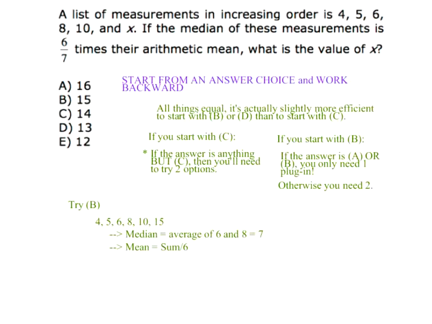The sum of those, 4 plus 6 is 10, plus 5 is 15, 23, 33, 48. So it's 48 over 6. So 8. Now notice that 7 is not 6/7 of 8.